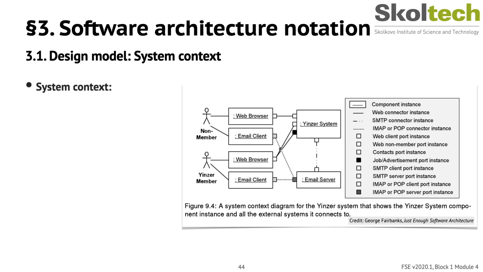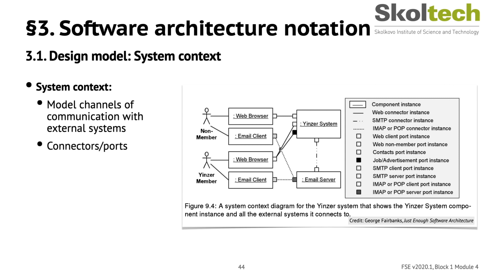The system context diagram, as seen in this figure, is similar to the use case diagram in that it provides an overview of the system and the actors it interacts with. The biggest difference is that functionality is much more visible in the use case, while the system context diagram more clearly shows the connectors, which represent channels of communication to external systems.